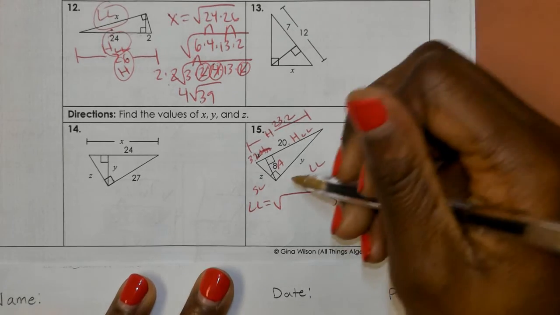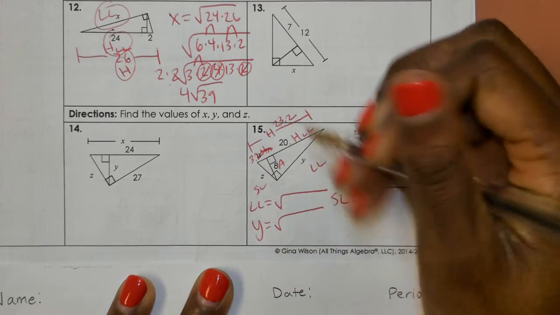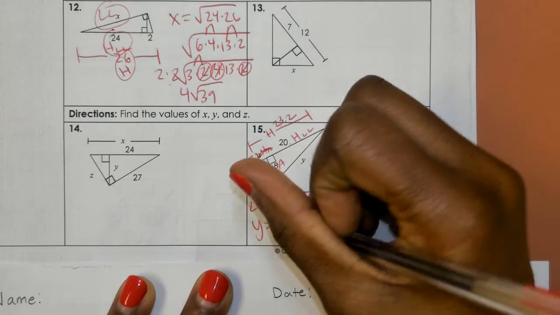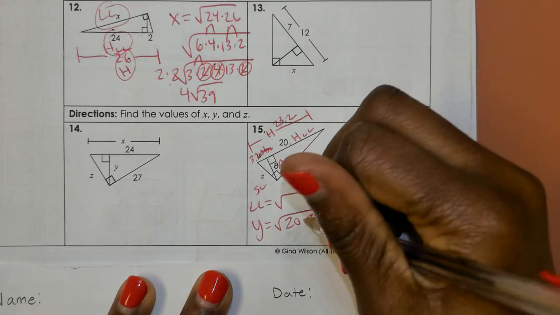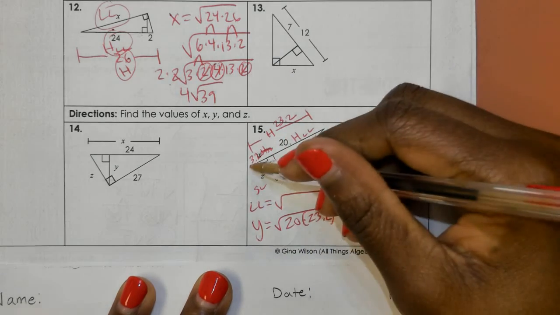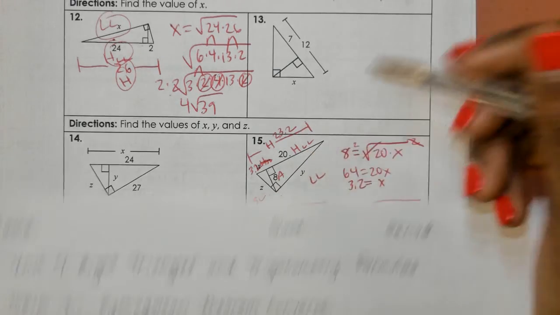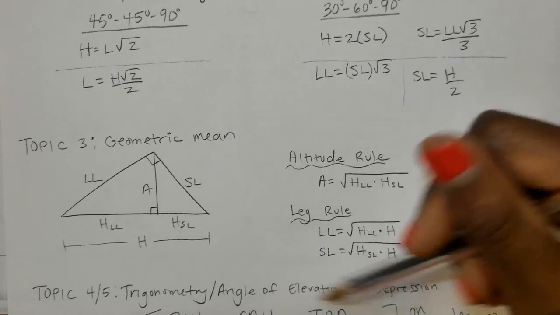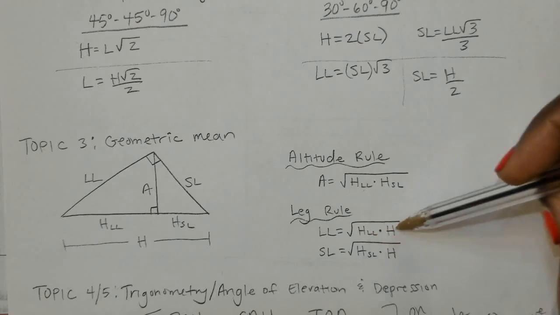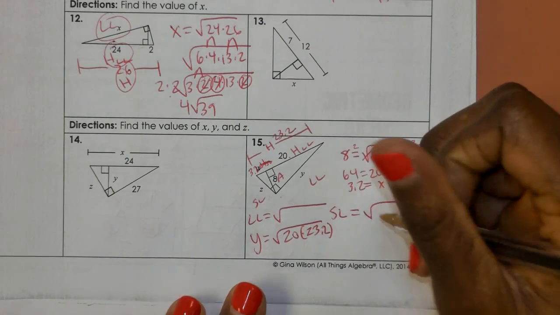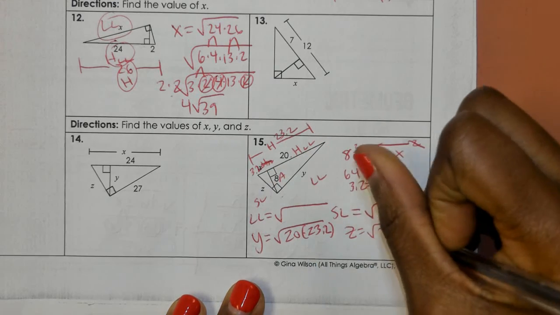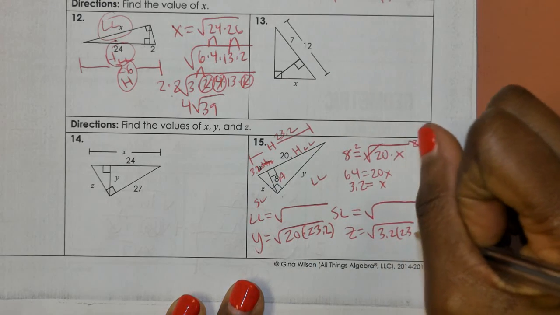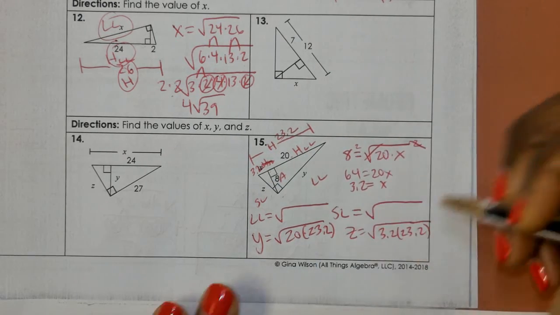So for the long leg, that's y equals the square root of the piece closest to it times the whole thing. So again, I'm looking at these formulas from the sheet, and I'm picking out these segments. Short leg, the segment is z equals the square root of 3.2 times the whole thing. And then you can just do these on your calculator.